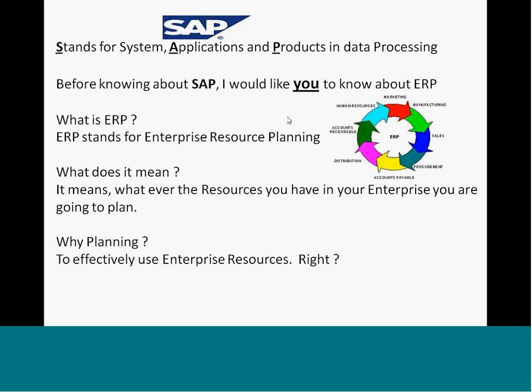Before ERP, each department used to maintain its own individual computer system, so there was no communication between one department and another. After the introduction of ERP, integration between the departments is possible.